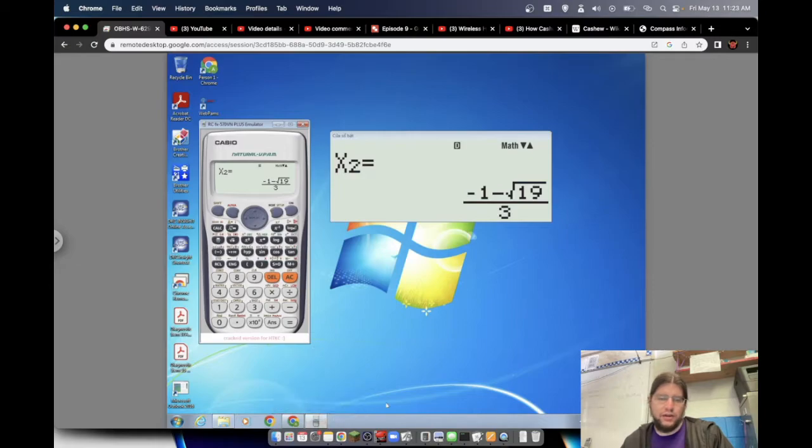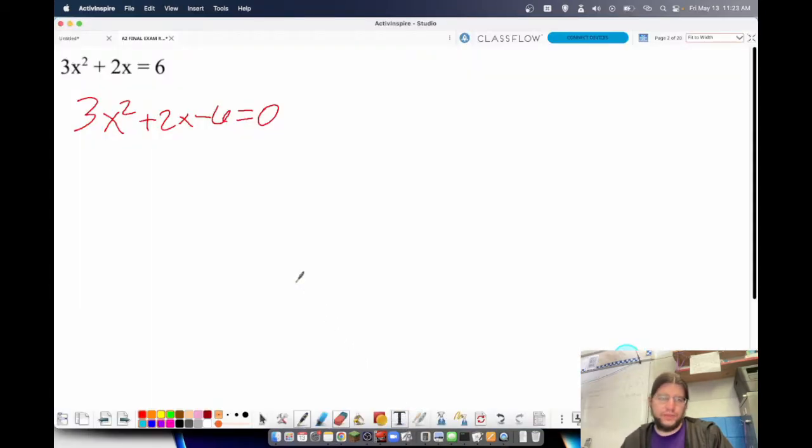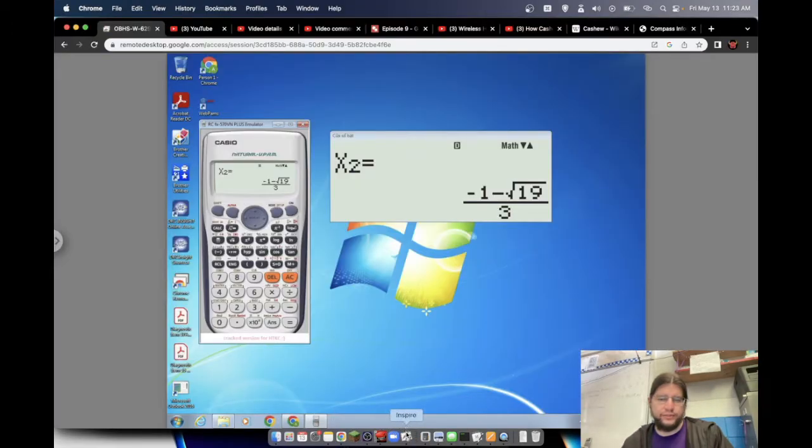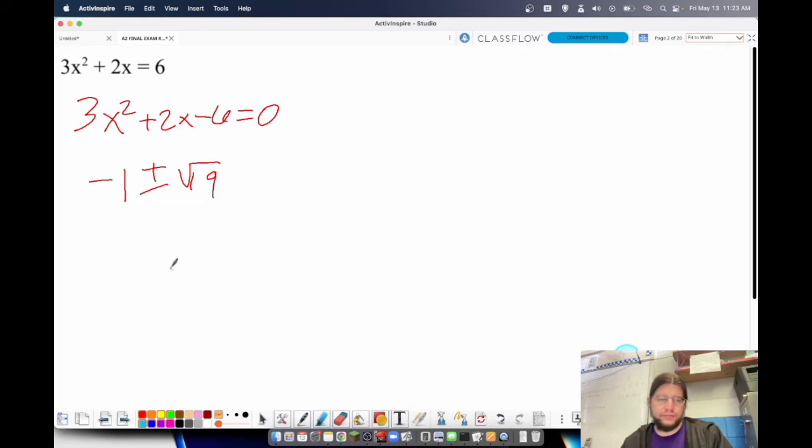So those are our answers. So we can write that as a single answer, -1 plus or minus square root of 19. And I believe the whole thing was over 3. Let's check again. Yep, the whole thing over 3. That's it for number 2.